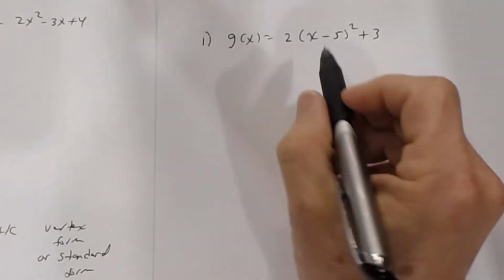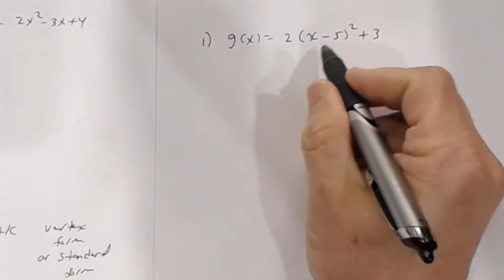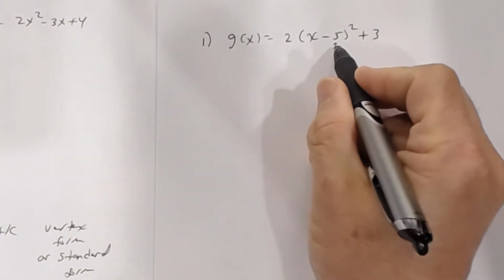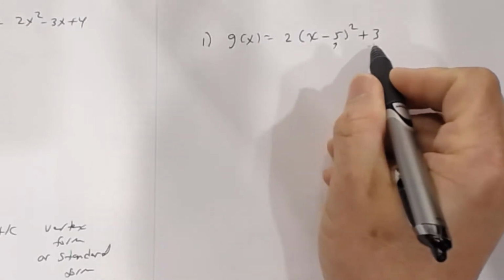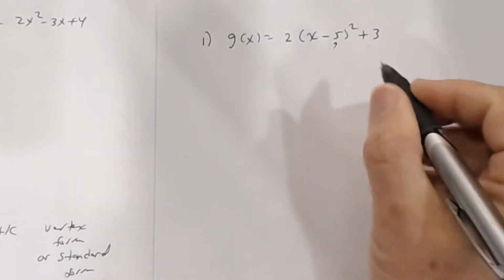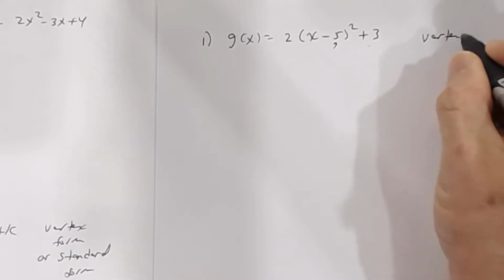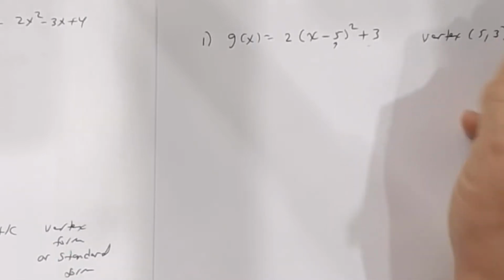What is the vertex of that quadratic function? 5, positive 3. X minus h, what's h? 5. Plus k, what's k? 3. So your vertex is 5, 3. Leave some space here.